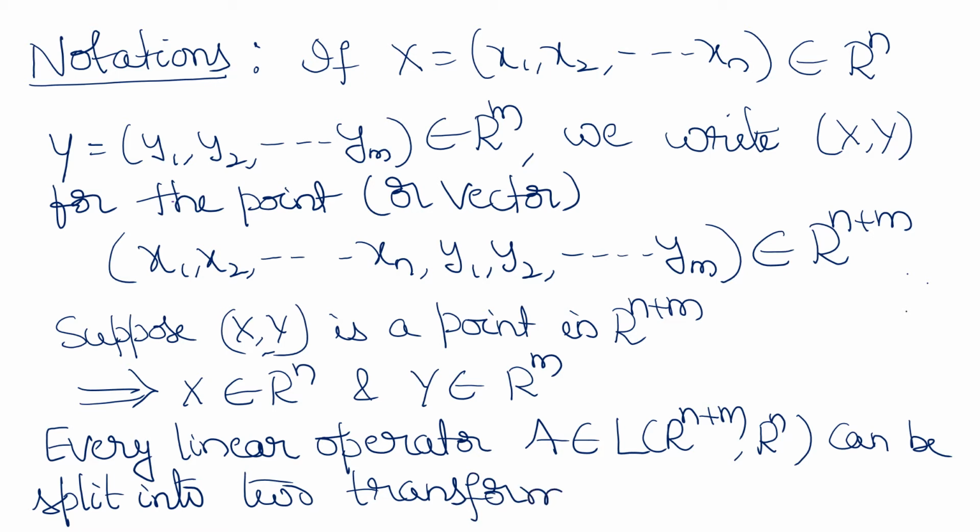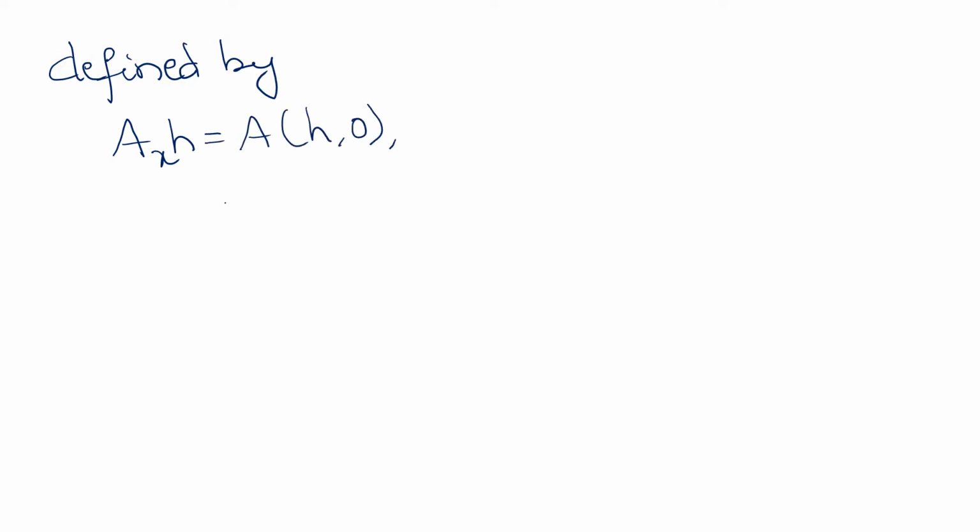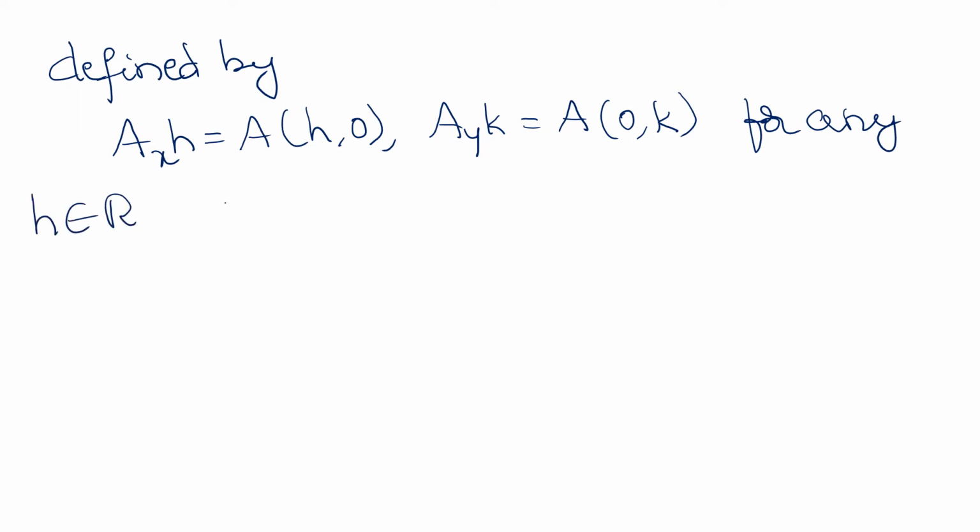Two transformations, Ax and Ay, defined by Ax h is equal to A of (h, 0), and Ay k is equal to A of (0, k), for any h belonging to Rn and k belonging to Rm.